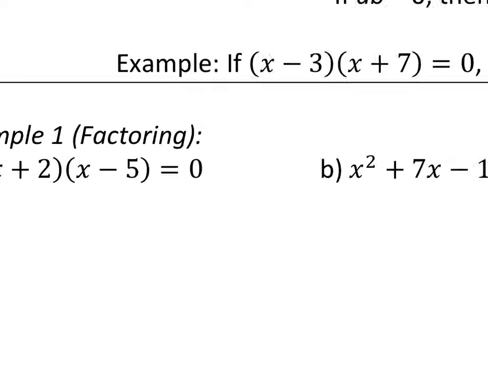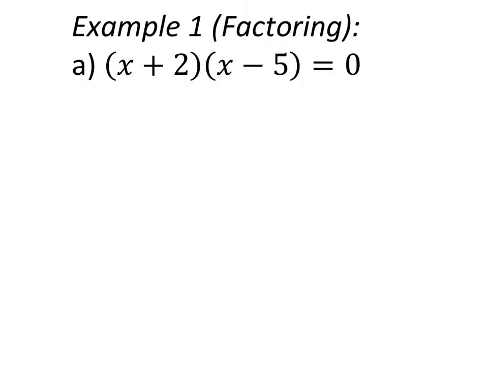So, how we look at this is, for this example, if x plus 2 times x minus 5 equals 0, then that means x plus 2 has to equal 0, and x minus 5 has to equal 0. So we have set each factor equal to 0.